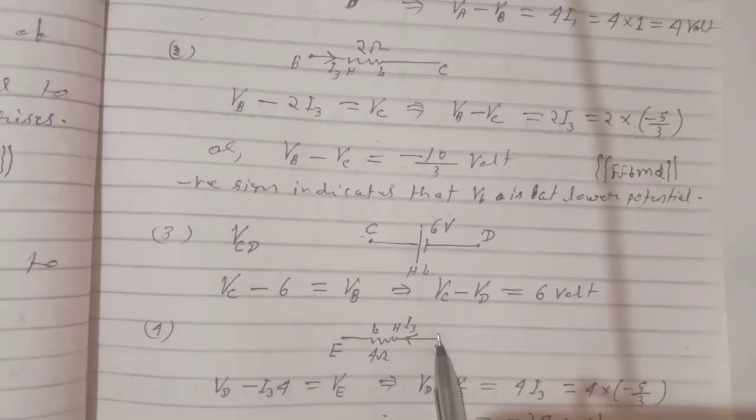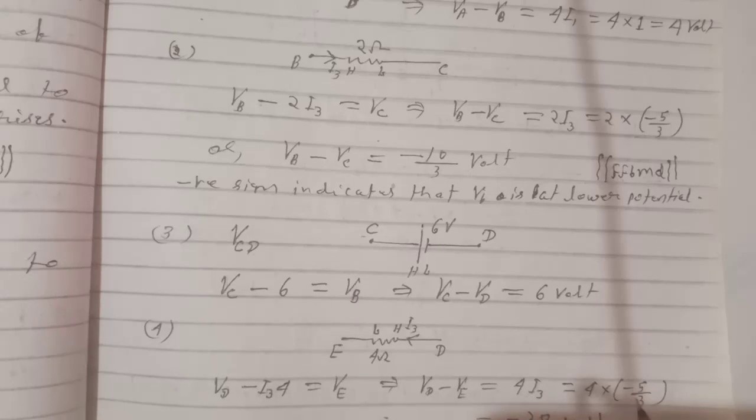So VD, now going from lower to higher, we are moving in the current direction. So we are going from lower potential to higher potential. So lower minus higher will be negative. So VD minus I3 into 4 equal to VE. So VD minus VE will be 4I3, or equal to 4 into minus 5/3, or equals to minus 20/3 volt.